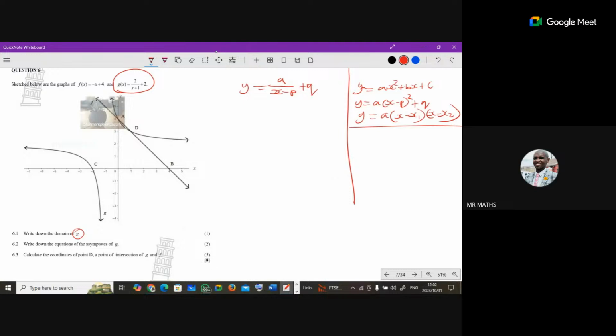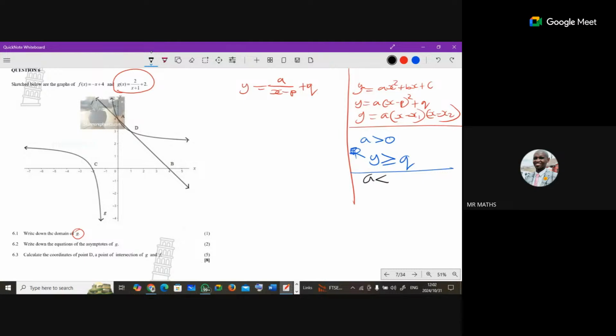So now we need to know how to get a range. For a parabola, the range depends on a. When a is greater than 0, the range is always y greater than or equal to q. Are we together? Then we have another range when a is less than 0.